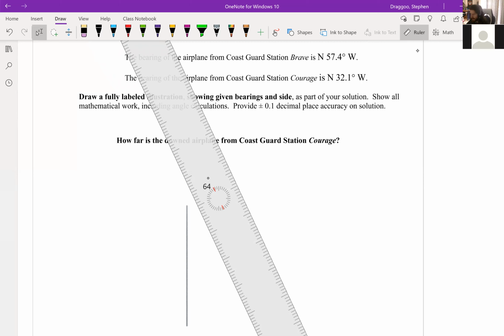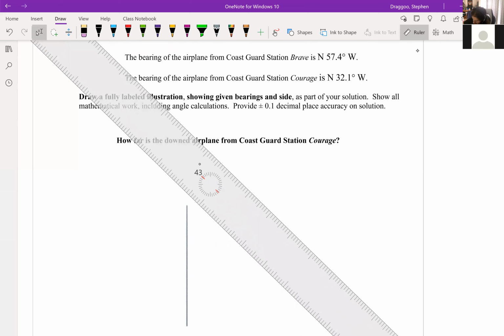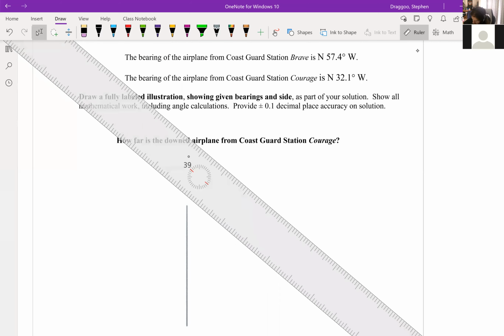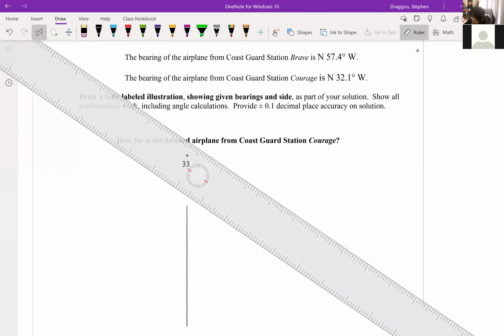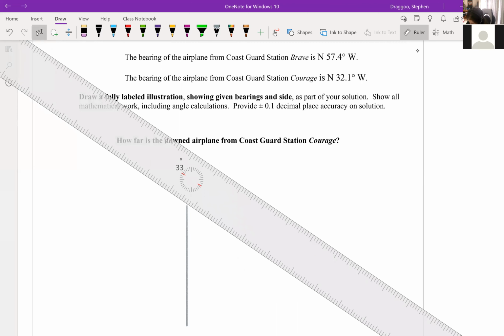90 minus 57 is 33. So we actually wanted a 33-degree angle here. We'll draw that line out.